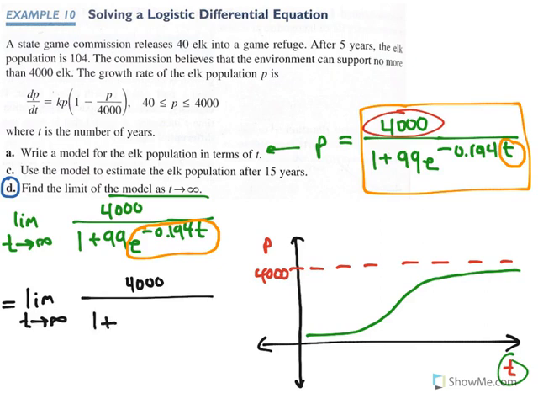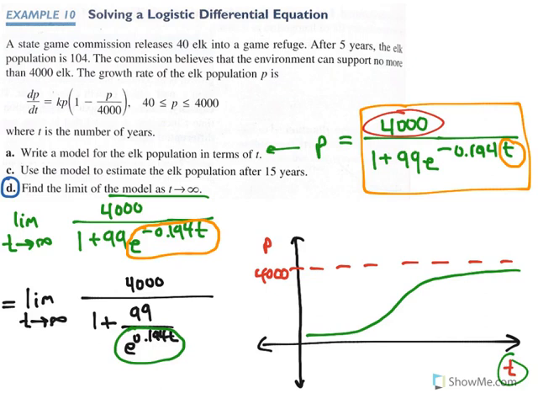You can write 99, and you can take the power which has a negative exponent, and write that in the denominator with a positive exponent. And of course, as t goes to infinity, this exponential expression will also go to infinity.